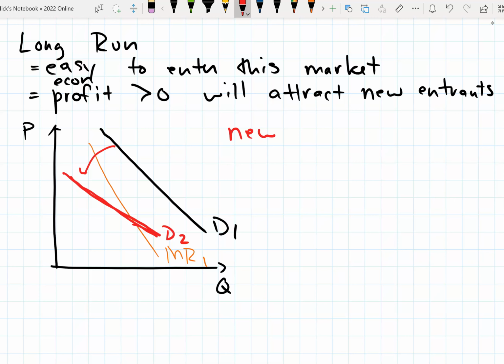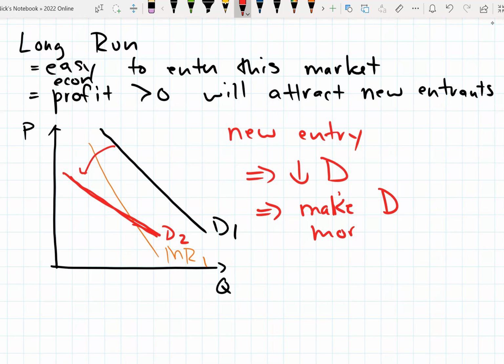So we get new entry attracted by the positive profit, and that will have two things. That will decrease demand, and it will also make the demand more elastic. Your textbook focuses mainly on the first one, but both of these are something we think will happen. Okay, so this decreases demand.